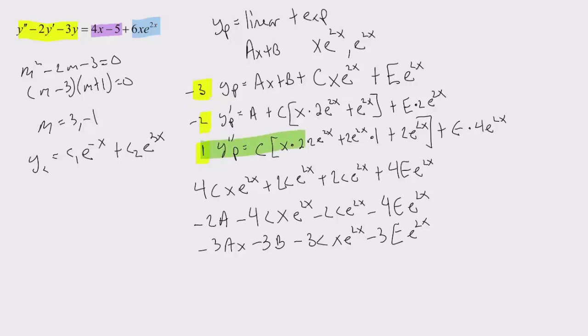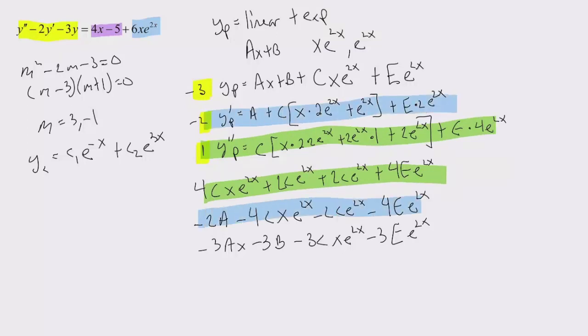This row is this row, and then this row is that row, and then this row is that row. So I just did the distributing part for you, so you don't have to watch me do a bunch of distributing. And now I want to partner up like terms.